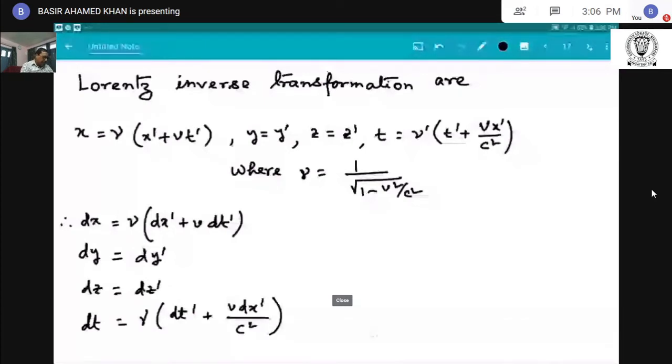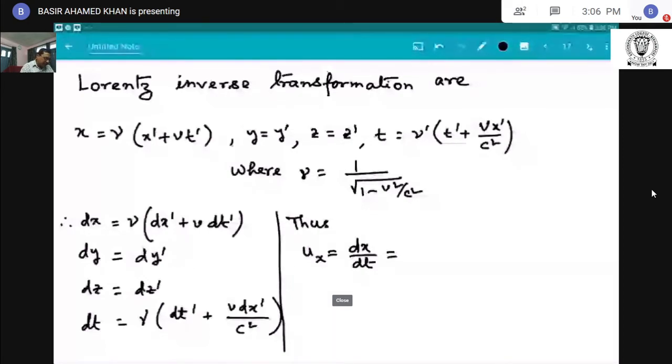Therefore, from this equation we can write ux equal to dx by dt.